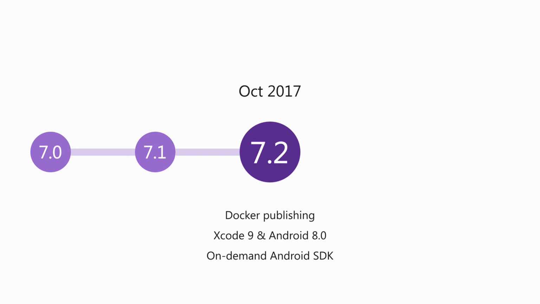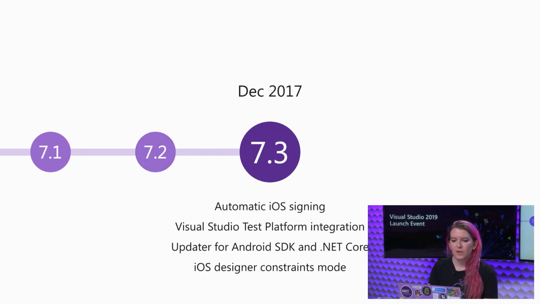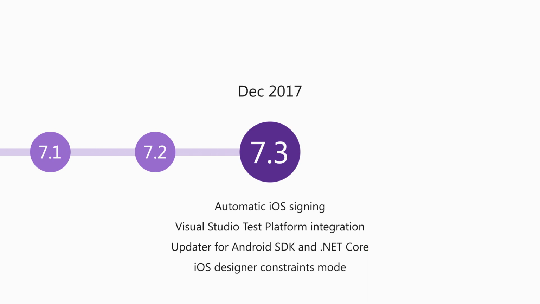In October, we added Docker support, so you could containerize your apps and deploy them to Azure. We then overhauled the iOS signing experience, making that much smoother, so you no longer had to manually provision your devices and so on.